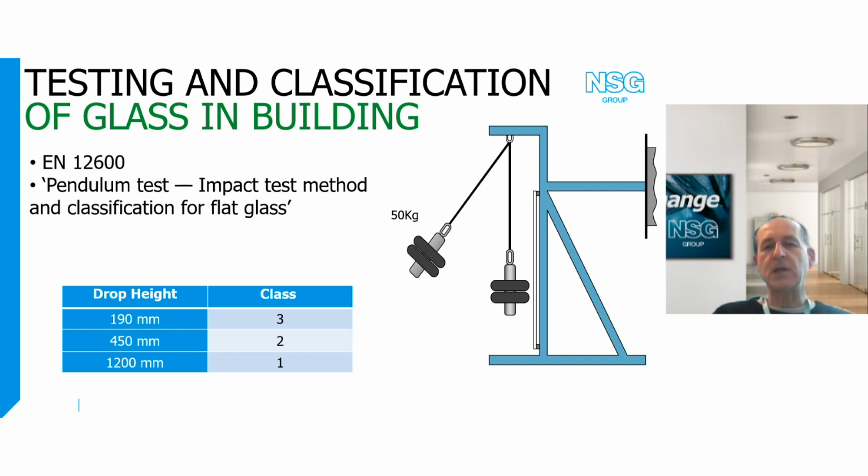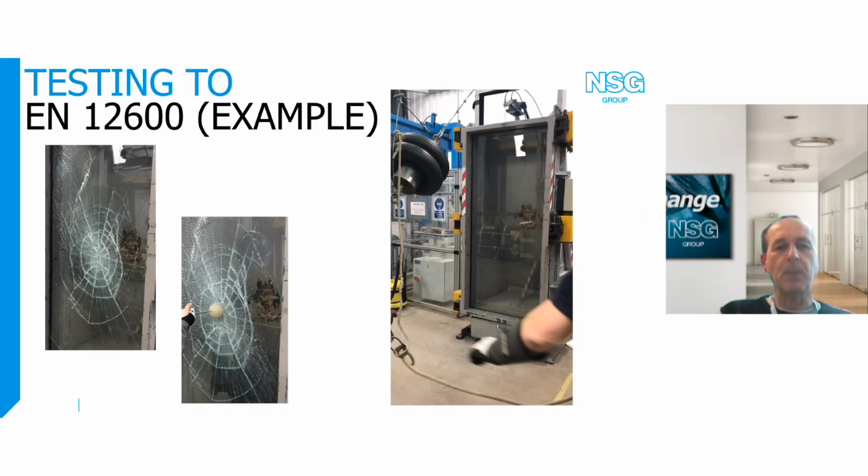Class 3 is the lowest class and corresponds to a drop height of 190 millimeters. The highest class is class 1, which is a drop height of 1200 millimeters, and in between you have class 2, which corresponds to a drop height of 450 millimeters. So that's the basics of the EN 12600 classification standard.